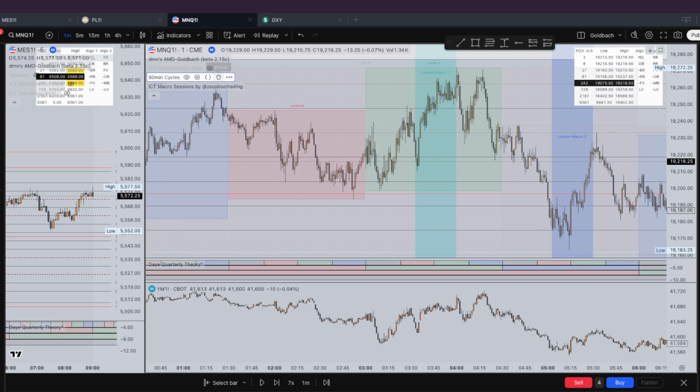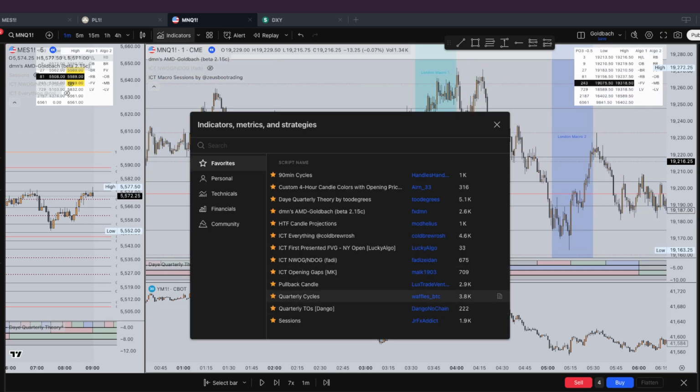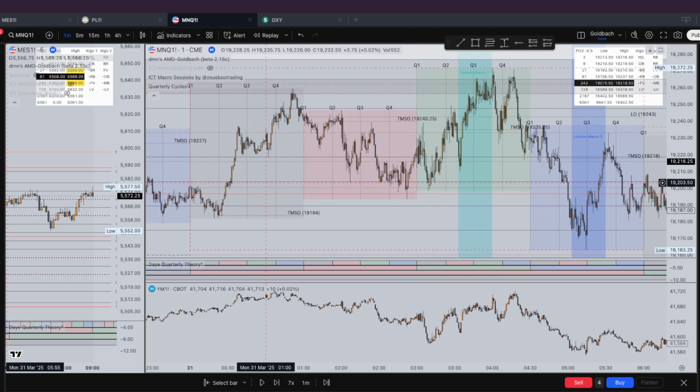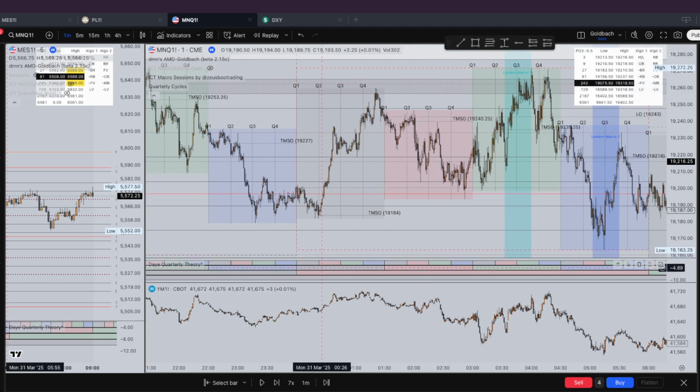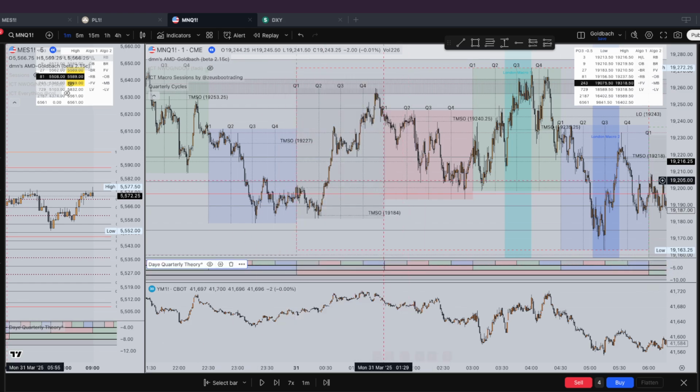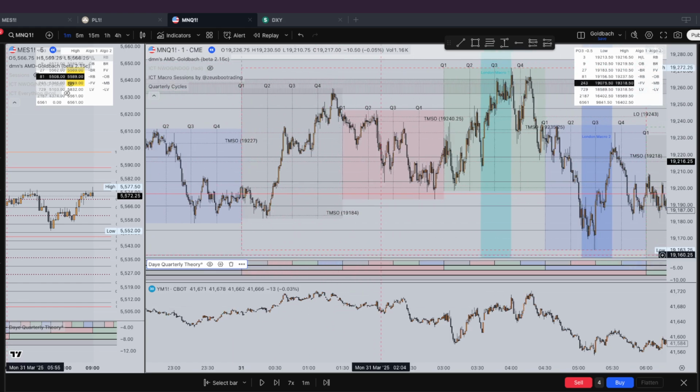Instead of this 90-minute cycle, I will use quarterly cycles. Okay, it's better. The reason is it marks out 90-minute cycles and then the microcycles like this. So the whole gray box is 90-minute.